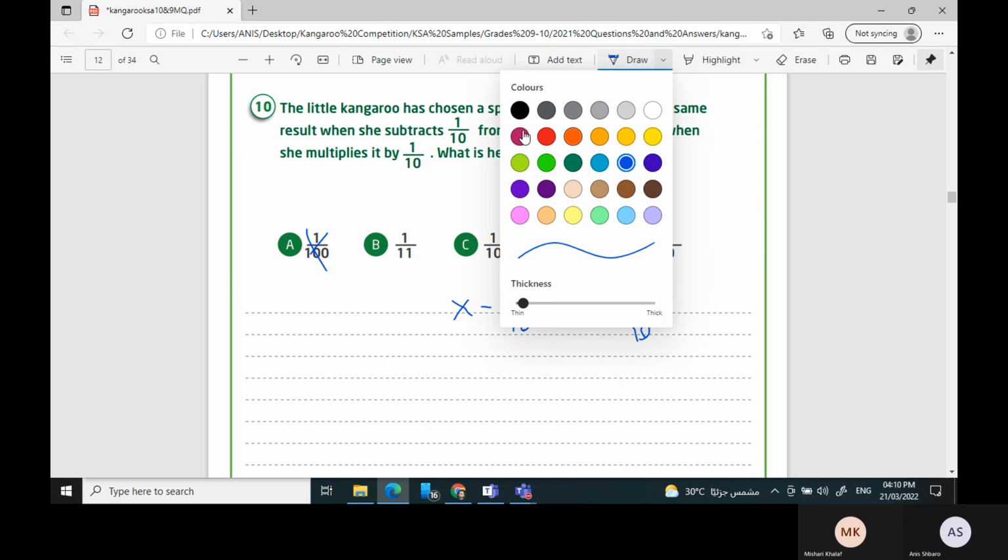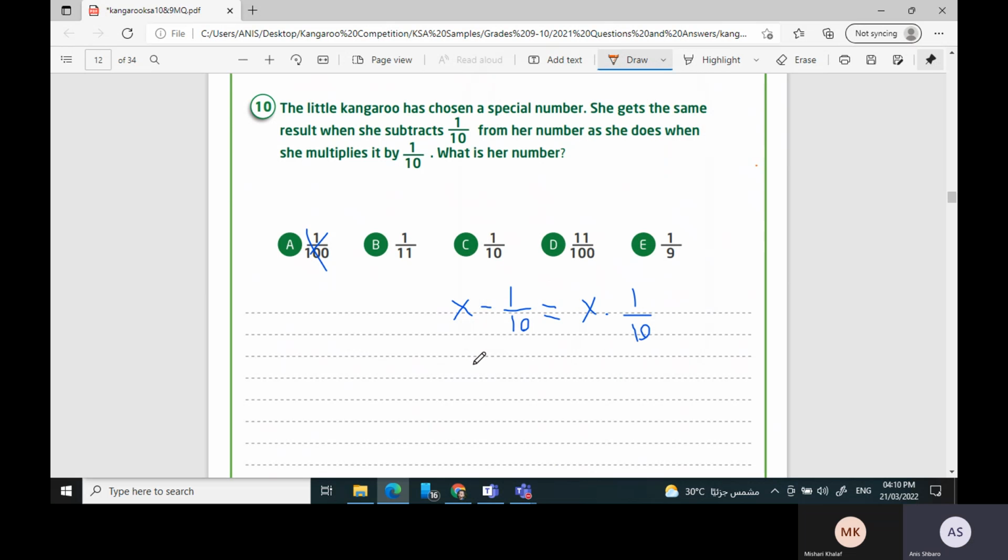Now, let's change the color and simply solve this linear equation. So x minus 1 over 10 is equal to x over 10. Okay, usually I have 10 and 10 in the denominator, so I'm going directly to multiply both sides by 10.